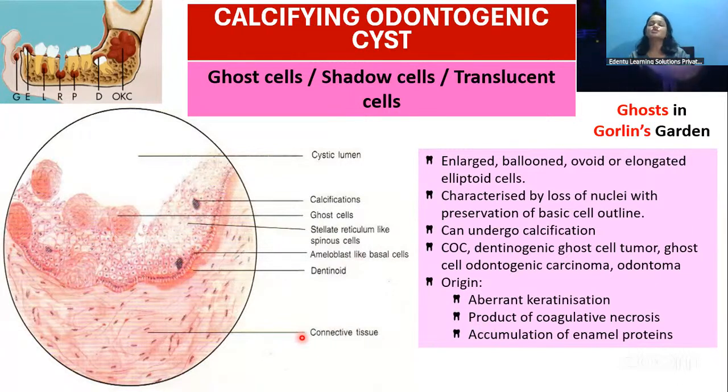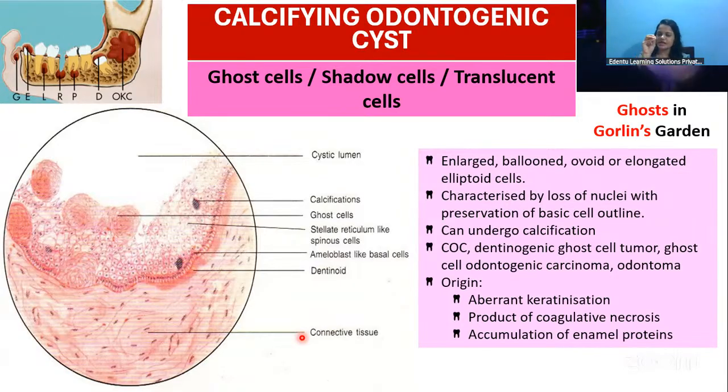So let's see what these ghost cells are. Okay, so these ghost cells are also called shadow cells or translucent cells. Okay, why are they called shadow cells? Because the ghost cells resemble an epithelial cell only, but a very large epithelial cell, and it will not have a nucleus.